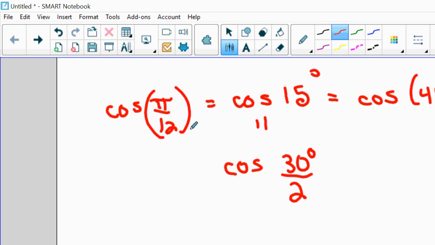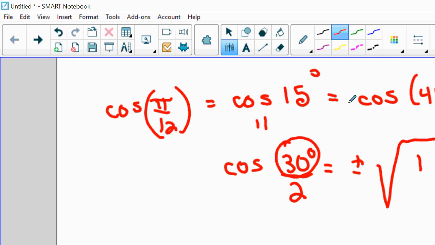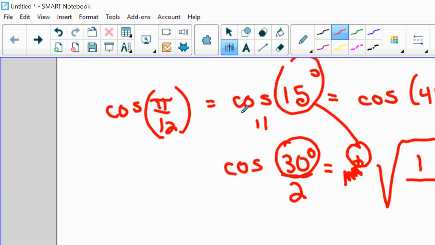That's the half angle formula, which is plus or minus the square root of 1 plus cosine of alpha over 2. But 15 degrees is in the first quadrant, so it's got to be positive.